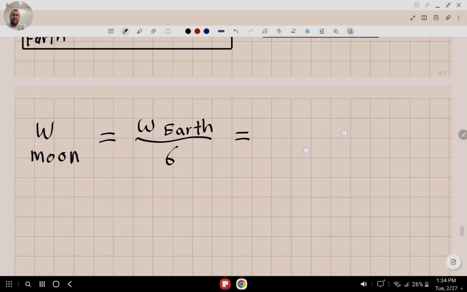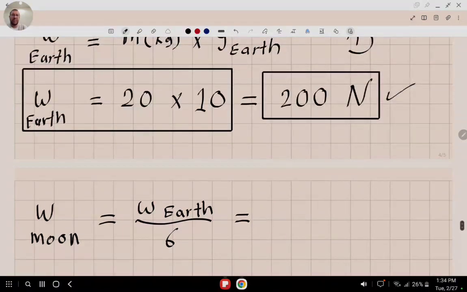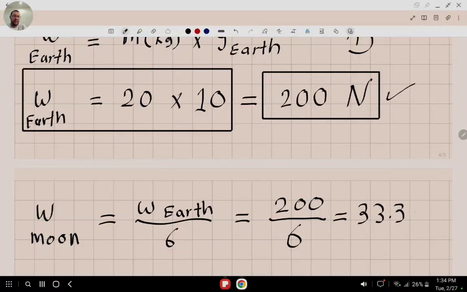So we got the weight on the earth, which is 200 newtons, divided by 6. So the answer will be 33.3 Newton.